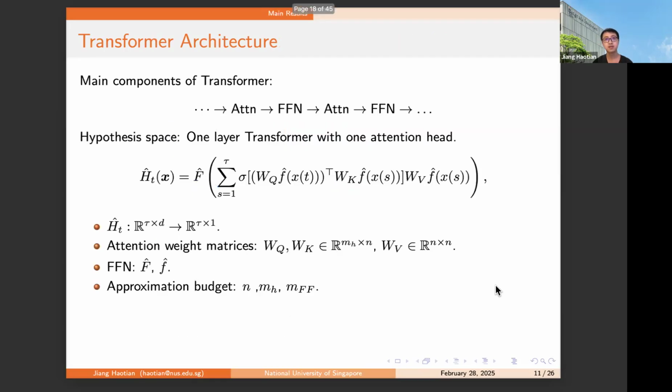Next, let's look at the transformer architectures we considered in our paper. The main components of a transformer are a stack of attention and feed-forward neural networks. For the hypothesis space in our setting, we consider the simplest one, which is a one-layer transformer with one attention head.